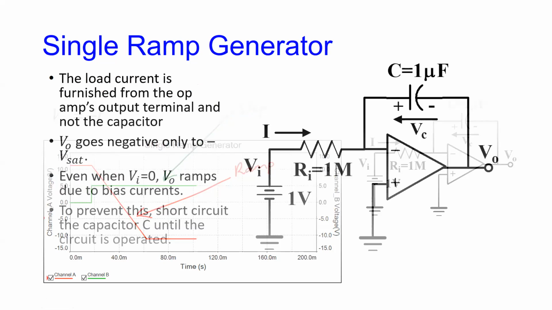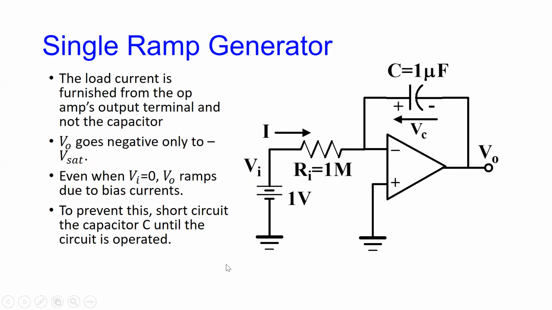The thing about it is that in most cases, to try to prevent it, because the op-amp open loop gain is so big and there are little bias currents, even if you don't have anything inside of here, there's still a little bit of bias current going inside of here. That is enough to start the ramp operation going.